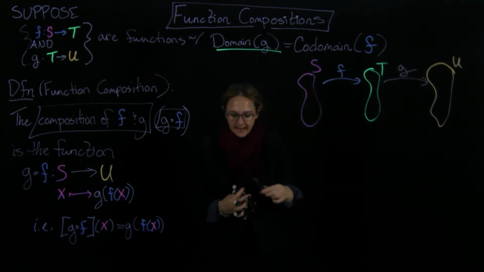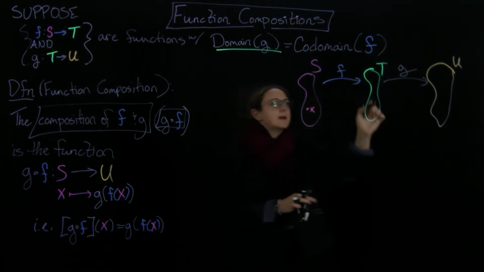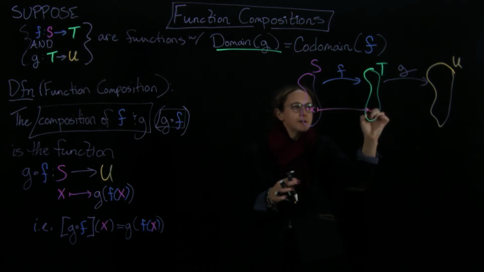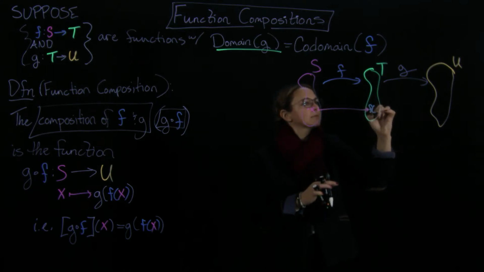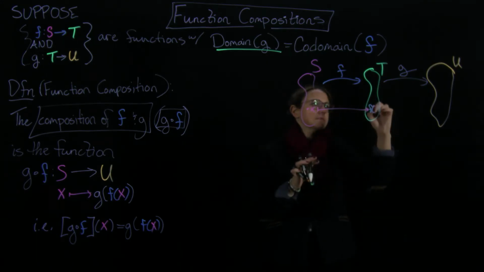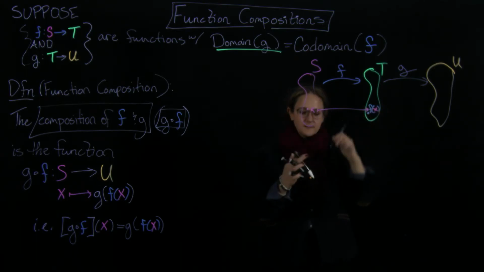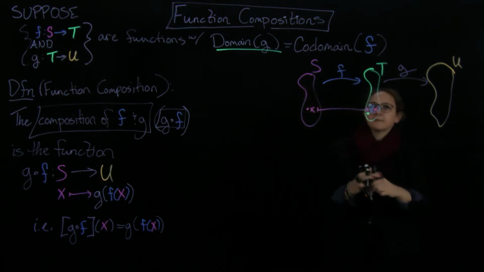If I had a little x sitting in here, it gets mapped by f to f of x, which is in T, and then that gets mapped over to g of f of x.